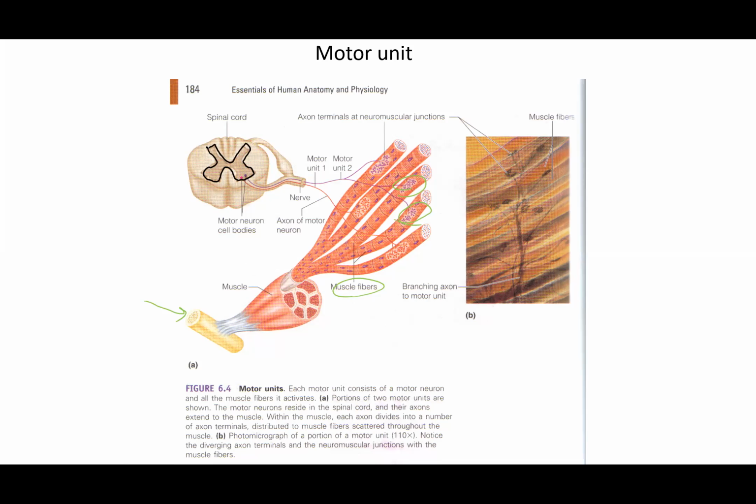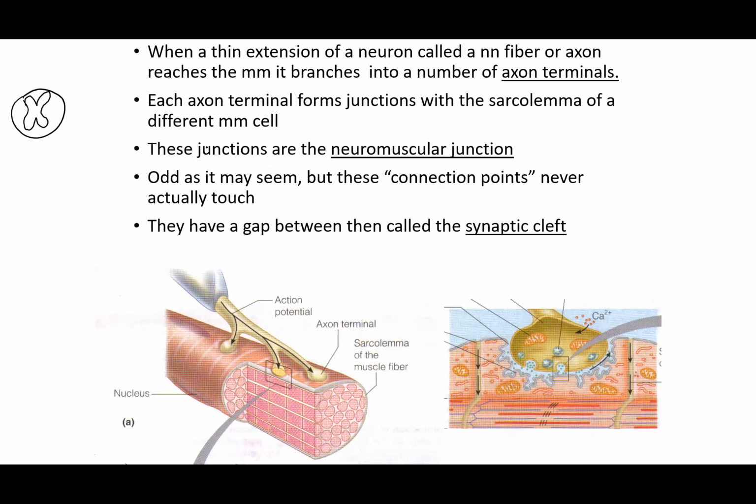That's the gray matter. So the nerve comes out. There's your axon, and this happens to be a motor axon because it's coming out of the ventral horn.